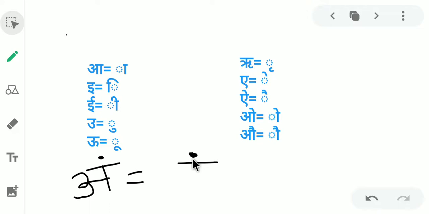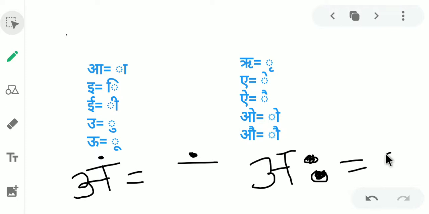We only put this dot, and there is another word we have also seen like this. Yesterday we have seen like two dots like that, and this sign becomes like this.